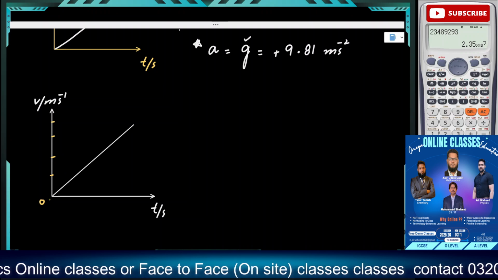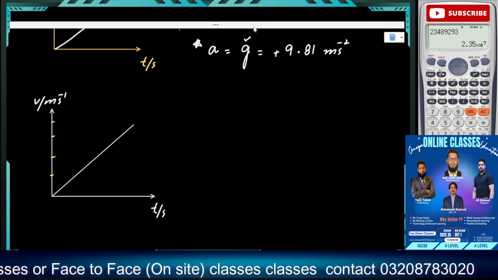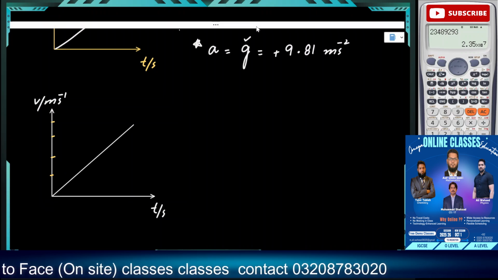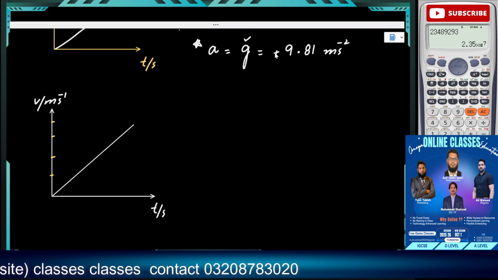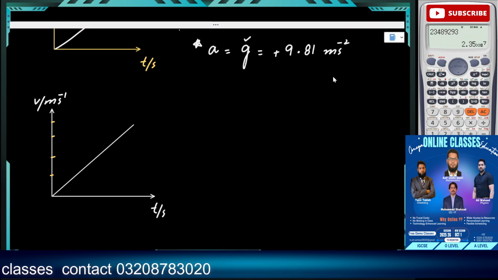Now let's take a look at the last thing, and that is the acceleration time graph. So if I could draw the axis here.